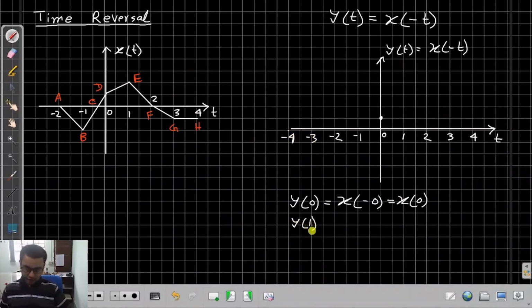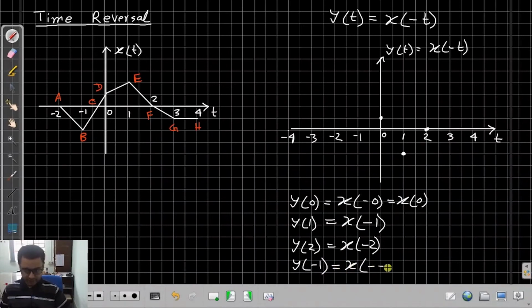Now y of 1 will be the same as x of minus 1, and x of minus 1 is equal to minus 2, so we put minus 2 here. y2 is the same as x of minus 2, which is 0, so we put 0 here. y of minus 1 will be the same as x of 1, and x1 is 2, so here we will put 2.